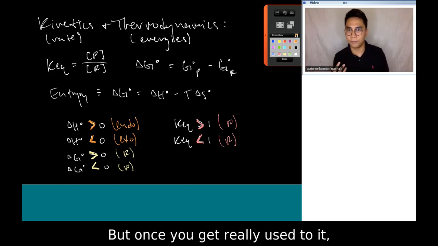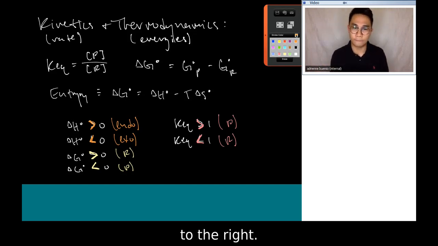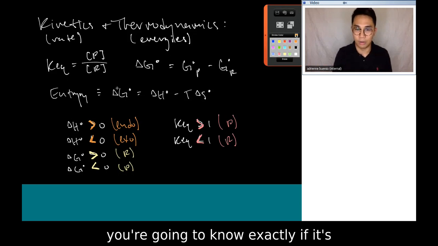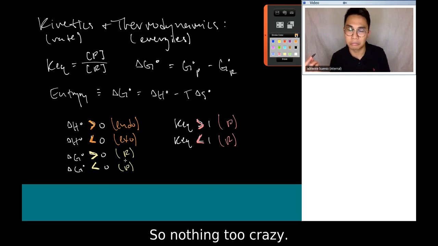But once you get really used to it, it's good enough to know, oh, this one's going to the left, to the right. Especially since we're calculating for G here, you're going to know exactly if it's going to prefer the reactants or the products, right? So nothing too crazy.